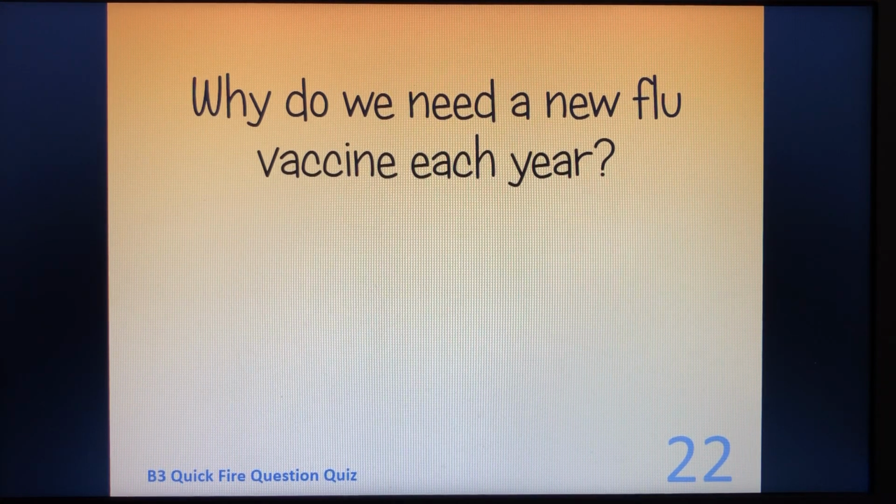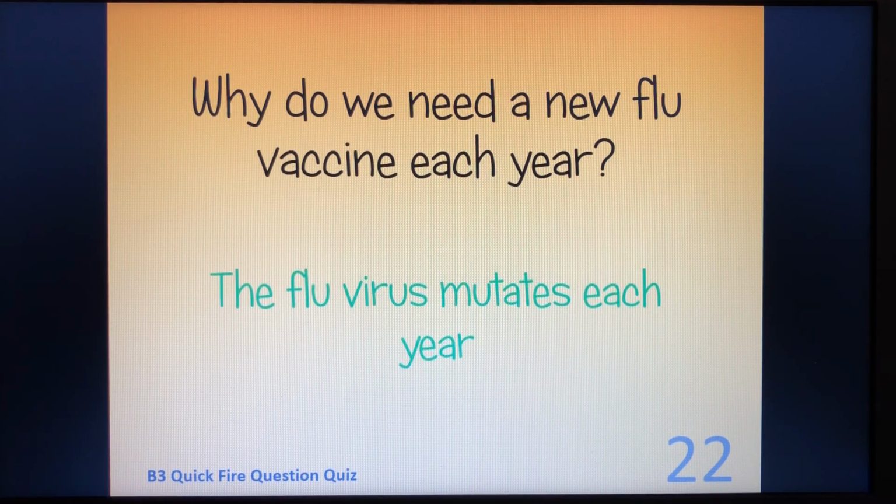We can access it if we're not in any of those categories, but we have to pay for it. And each year we have that new flu vaccine if we need it. And why is that? And the answer is because each year it mutates. Okay, so each year it becomes a new strain, and then we need to find that immunity to the new strain of the virus. Okay, hopefully that makes sense.